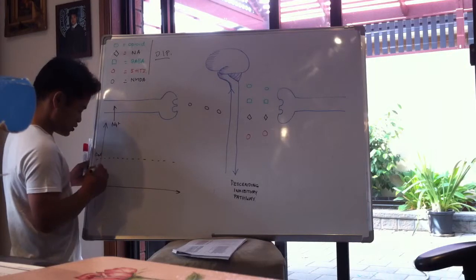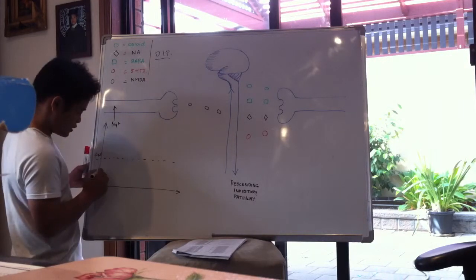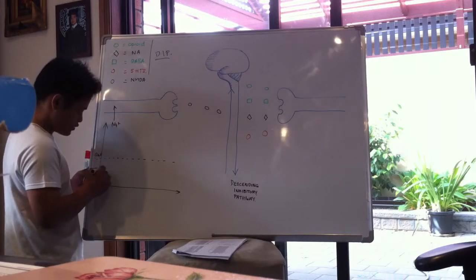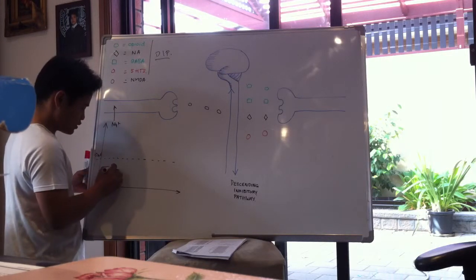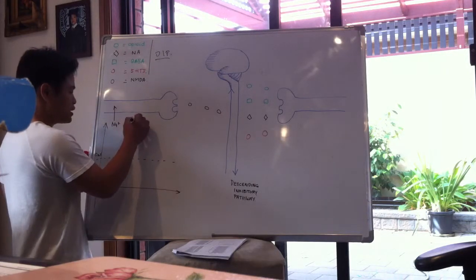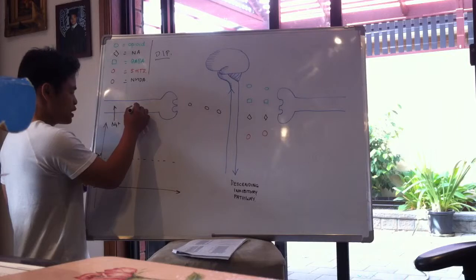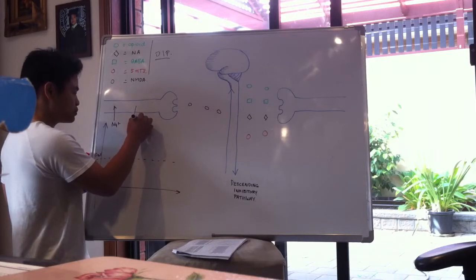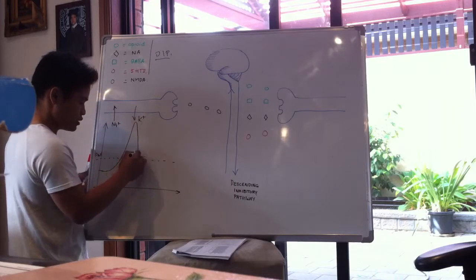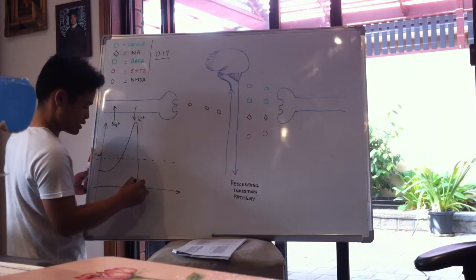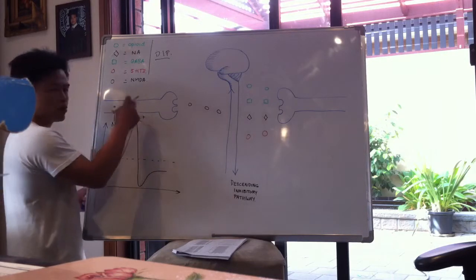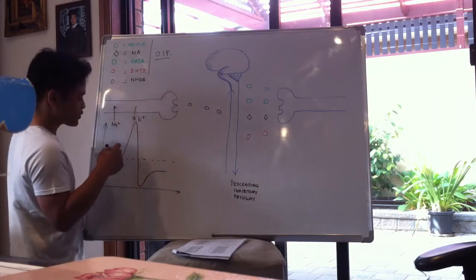Normally it starts off nice and low, and when you get an influx of sodium, this starts to climb, and then it reaches the threshold and spikes up. By this time, potassium channels open up, they let potassium go out, and this creates the hyperpolarization. And then you get normalization of these through the co-transporters.